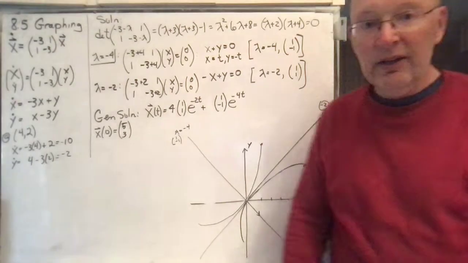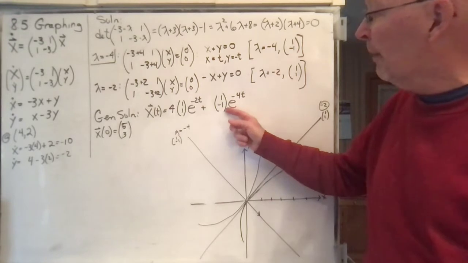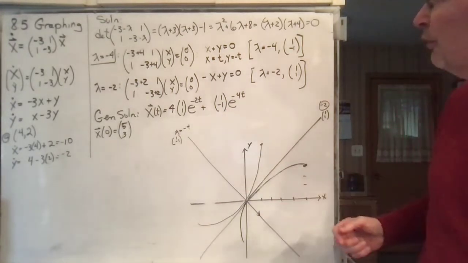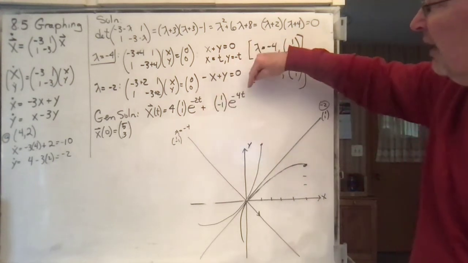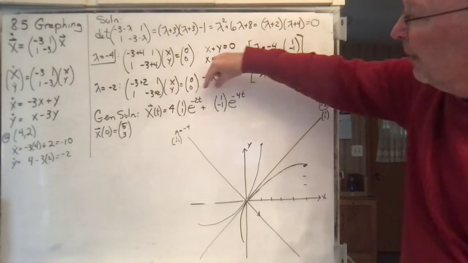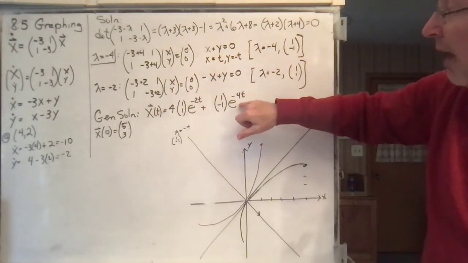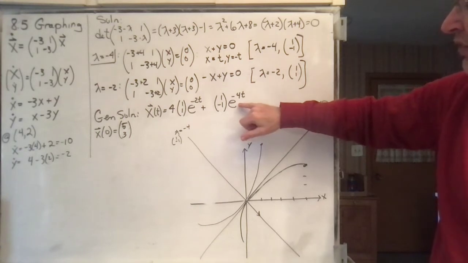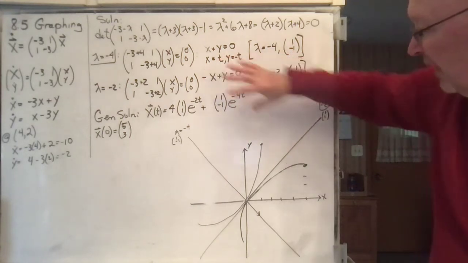On the other hand, what happens if we started at these points and you let t go to minus infinity? So you go in the other direction of the trajectory. As t goes to minus infinity, now you have a negative times a negative. This is going to be a big positive number. That's going to be a big positive number, but which one is bigger? Obviously, this one is bigger, so as t becomes a large negative number, this one is going to dominate.